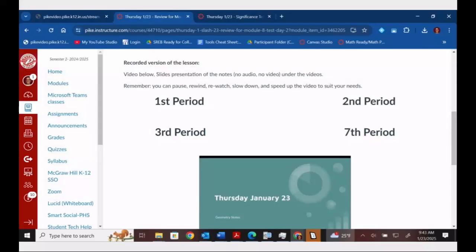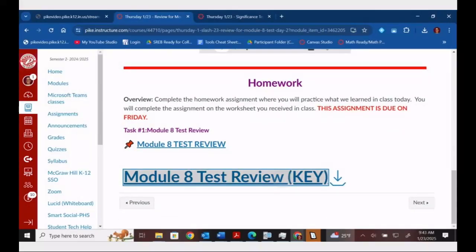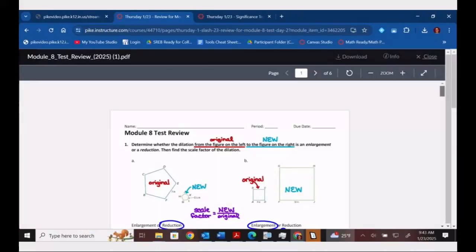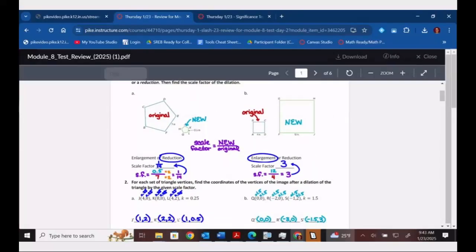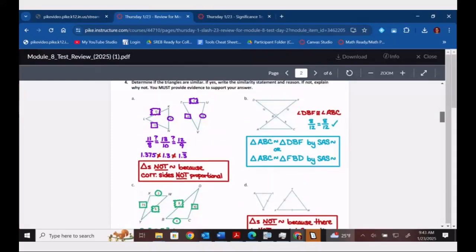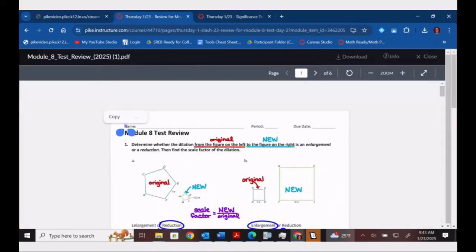They'll all be up by the end of the day. All the way down at the very bottom is the Module 8 Test Review Answer Key. If you click on that, you can scroll and see all of my work for all of the problems. So anything that we did not get to, you can absolutely still check your work or get some help on how to solve those problems.